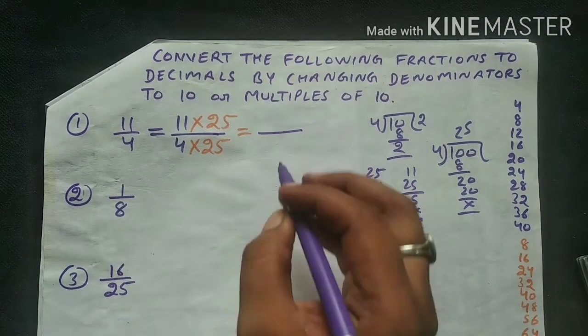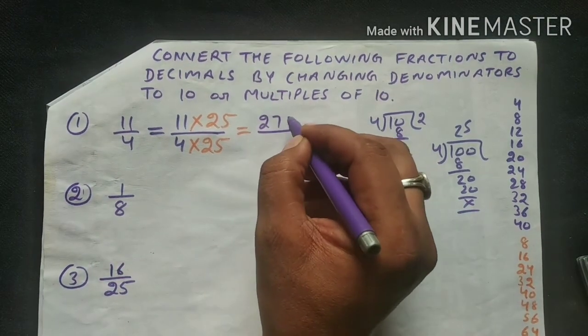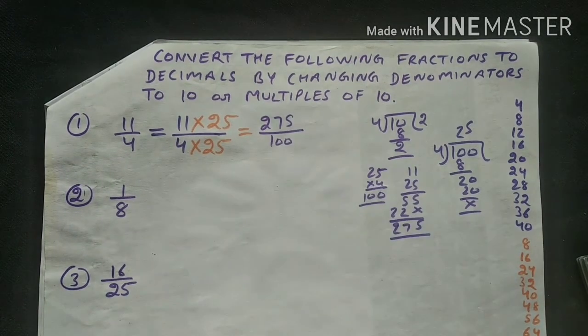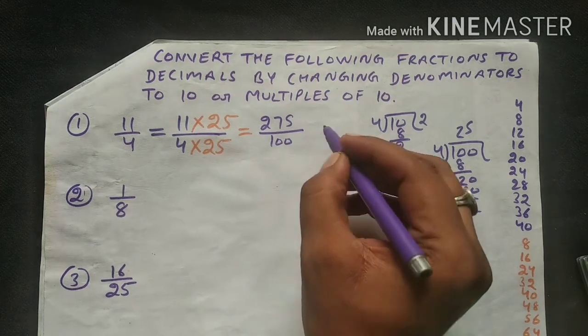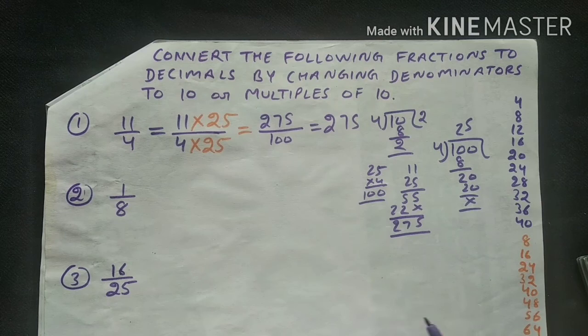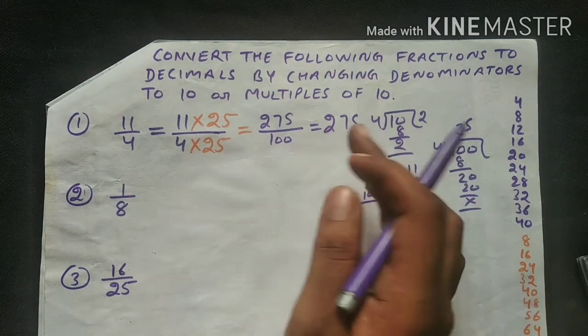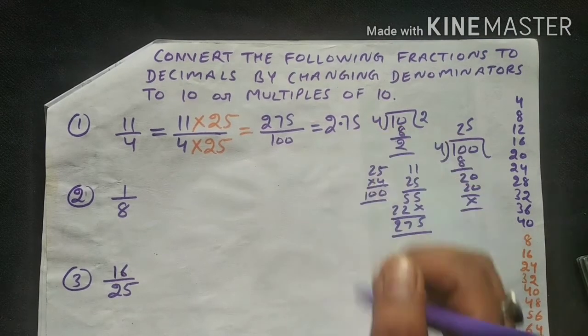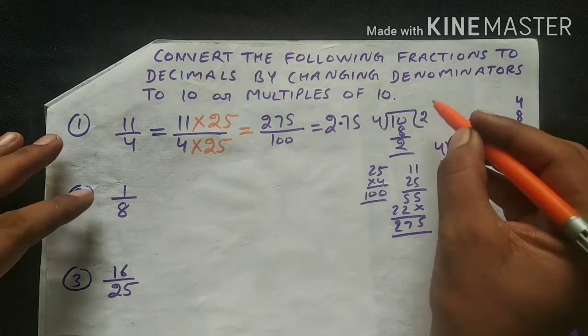Now you can see 275 over 100. Now it is clear that we got a number of type 10 or 100 or 1000 in the denominator. So now our answer is 275. Now where do I have to place the decimal? After counting 2 digits from the right, 1, 2 and here. So this is my answer, student.